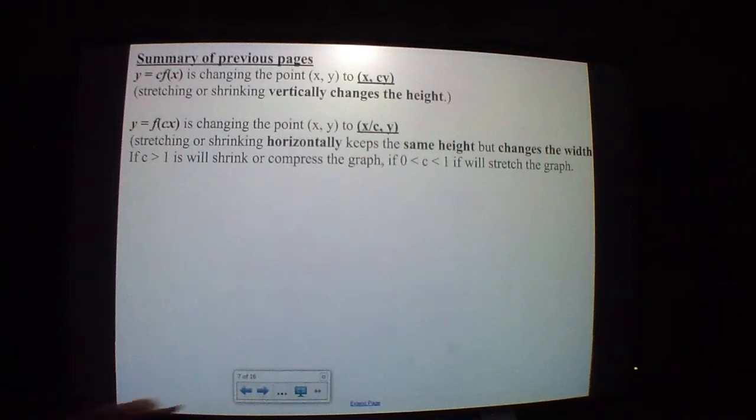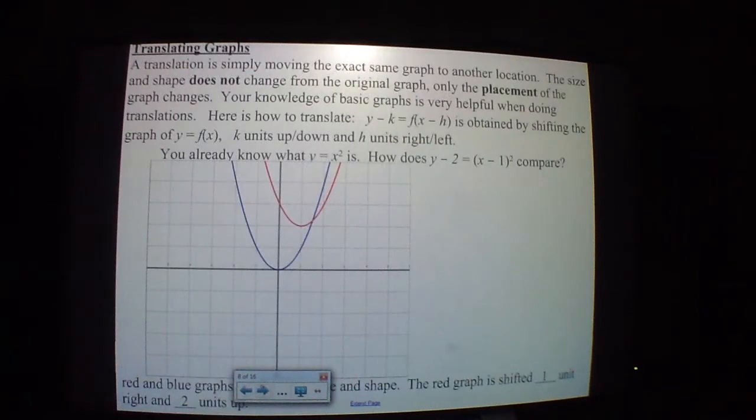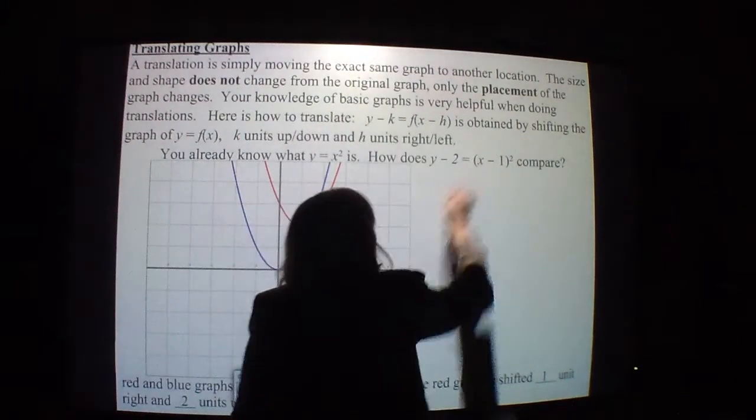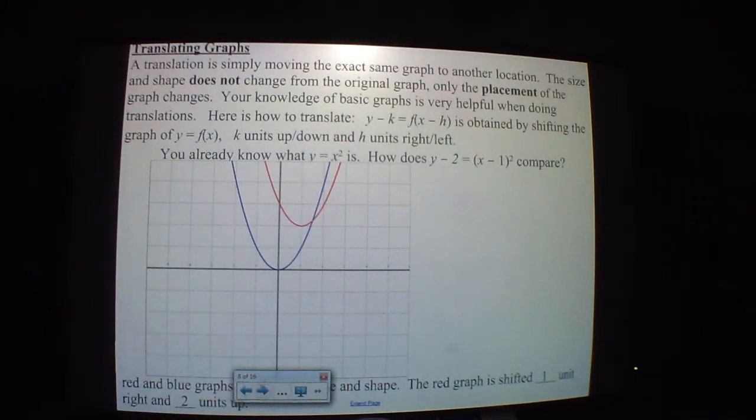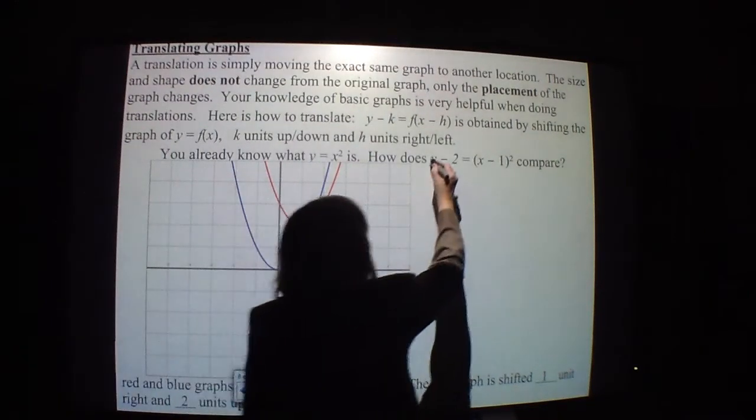Okay? Next, translating graphs. Going to move the graphs right or left. The blue graph there is y is equal to x squared, and you should know how to graph that. If you look at this graph here, y minus 2 is equal to the quantity x minus 1 squared. It does have y equals x squared in it.